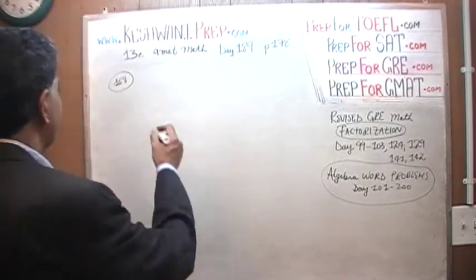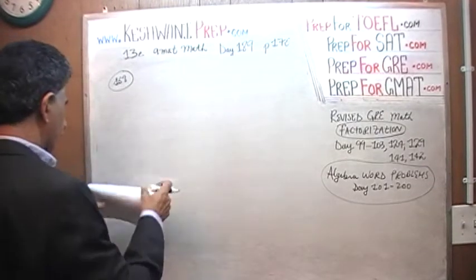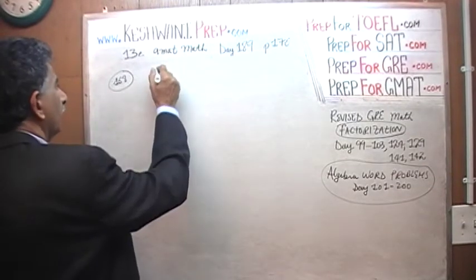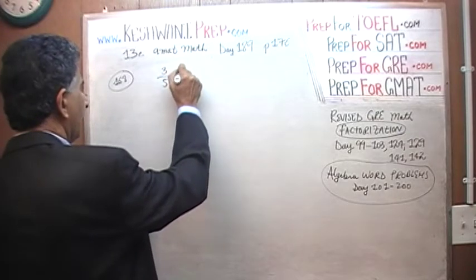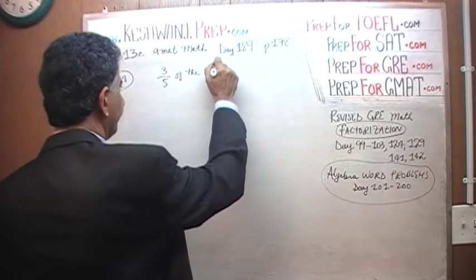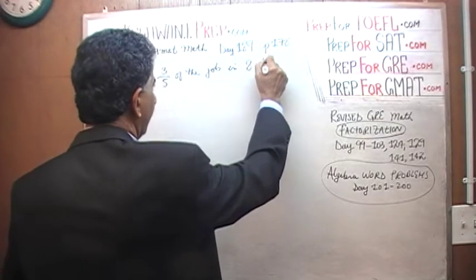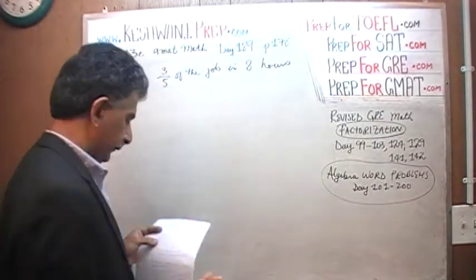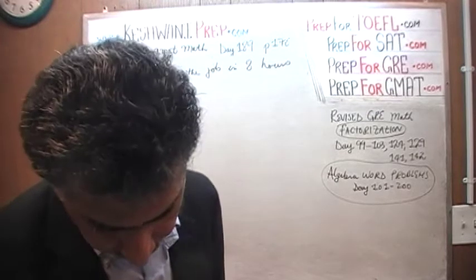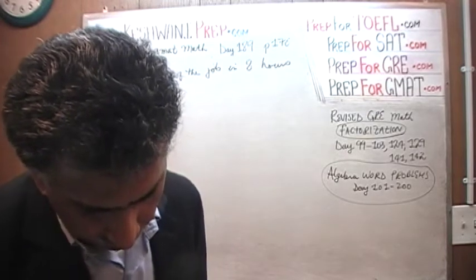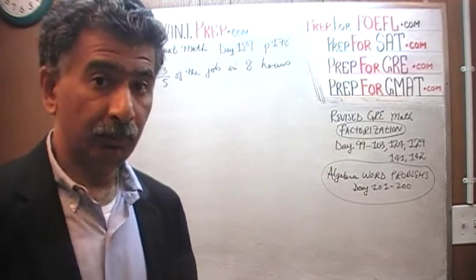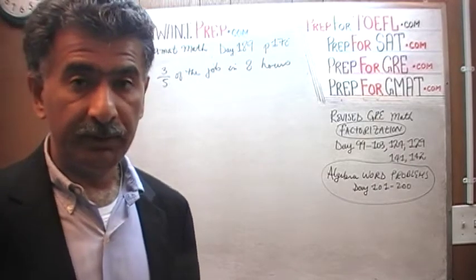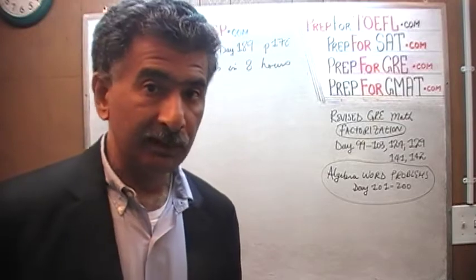So we are told that we are doing 3/5 of the job in 8 hours. Let's see what the question is asking. How much more time will it take to finish filling the pool?